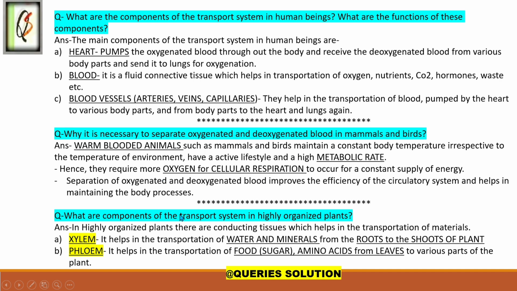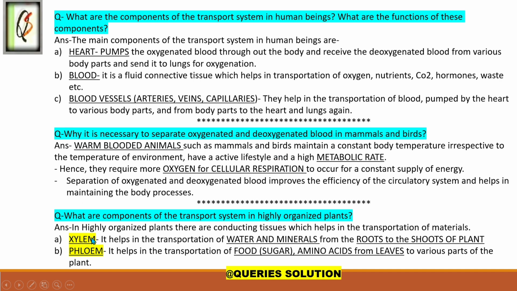So this is the answer to a simple question: we have understood why separation is required, so that body temperature gets maintained, we keep maintaining a healthy lifestyle, we keep having a high metabolic rate, and all the important body processes keep happening, because if mixing would happen, all these processes would be hampered. So with separation, all these processes are happening efficiently at their own rate in our body. That's why separation is important.